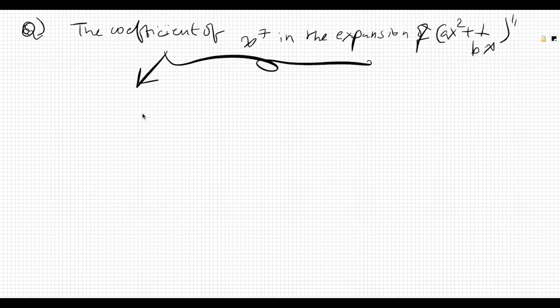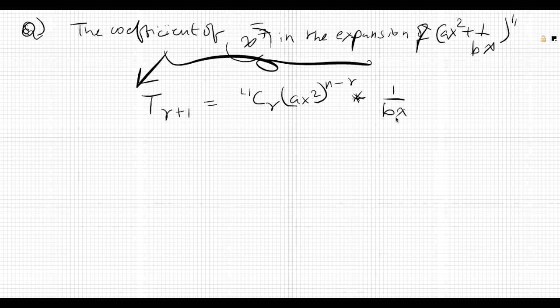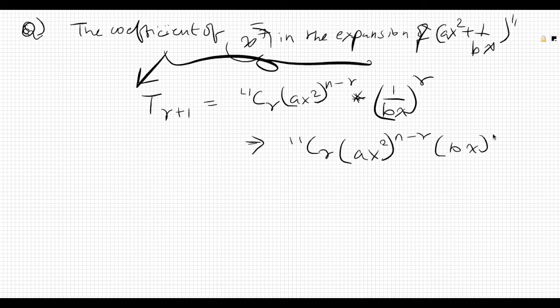It's fairly simple. We take the general term. Since this is T of r plus 1 and n is 11, so 11Cr (ax square) to the power n minus r multiplied by (1 by bx) to the power r. So this can be further written as 11Cr (ax square) to the power n minus r times (bx) to the power minus r.